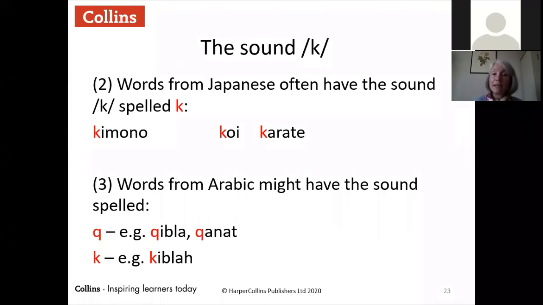Arabic is difficult because with its script, it can be transliterated in different ways in English. So some people use Q with no U, some people use K. But if you're asked to spell an unfamiliar word with the sound K in, ask where it comes from, because the etymology will give you a clue to the spelling of that sound.